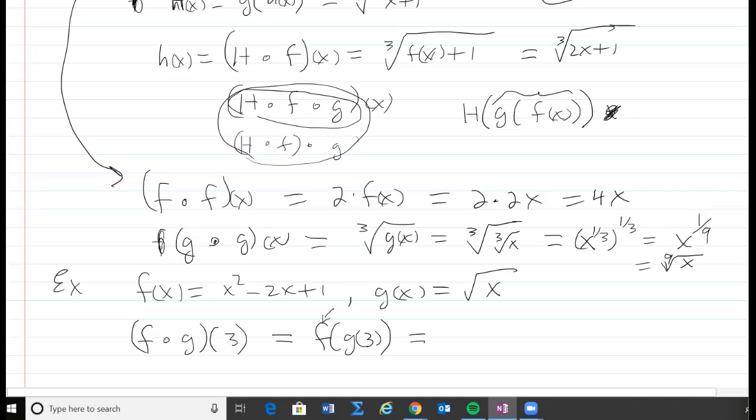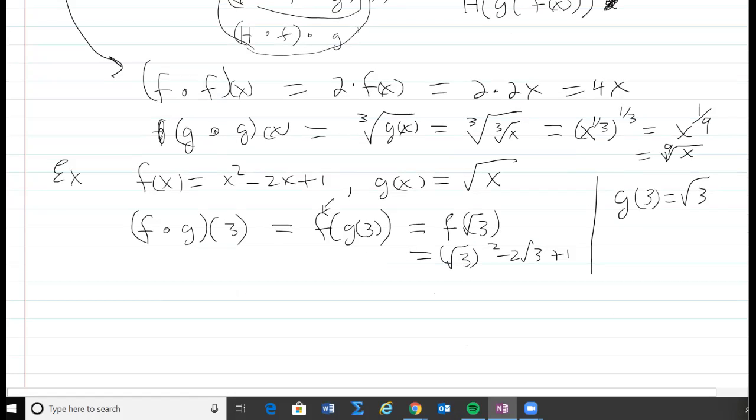Let's first of all find g of 3. It's the square root of 3 from this function. So then here we're going to find f of root 3, which from our function we see is going to be root 3 squared minus 2 root 3 plus 1.